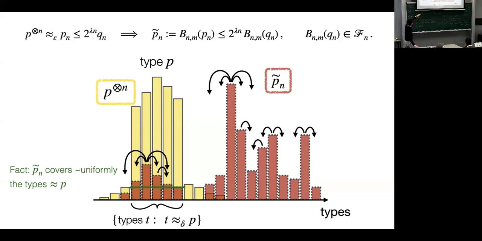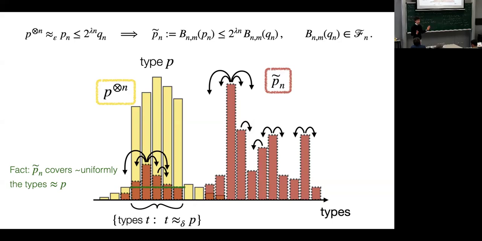Not really uniformly, but it has filled it to some level. If you're worried by this, remember that there are only polynomially many types, so you can spread some small weight into all of this space by paying only a polynomial factor.